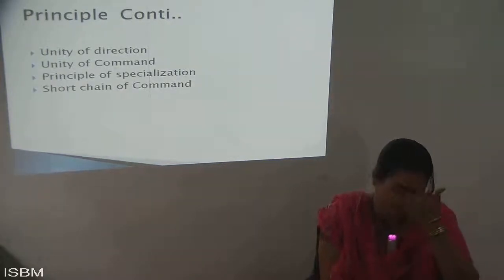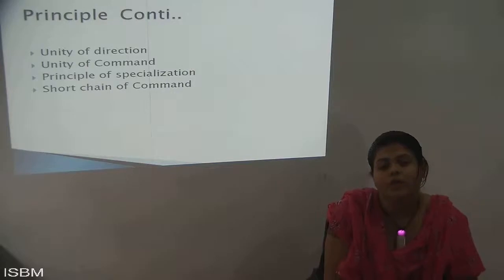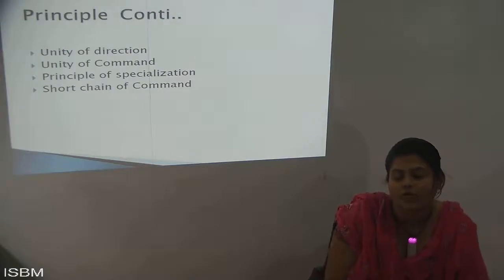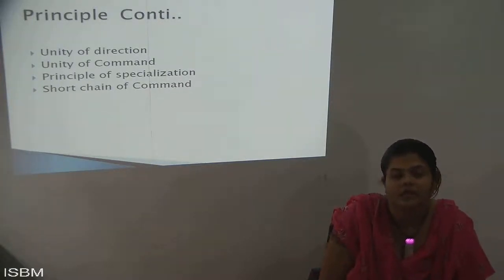Next, it is unity of direction. When you are in the organization, there should be a proper way of direction. The people should guide you to go in the correct direction. We learn about planning, organizing, directing, controlling and staffing.